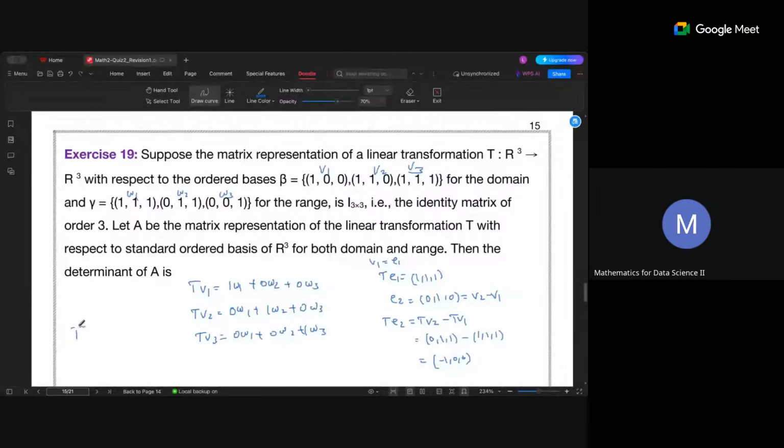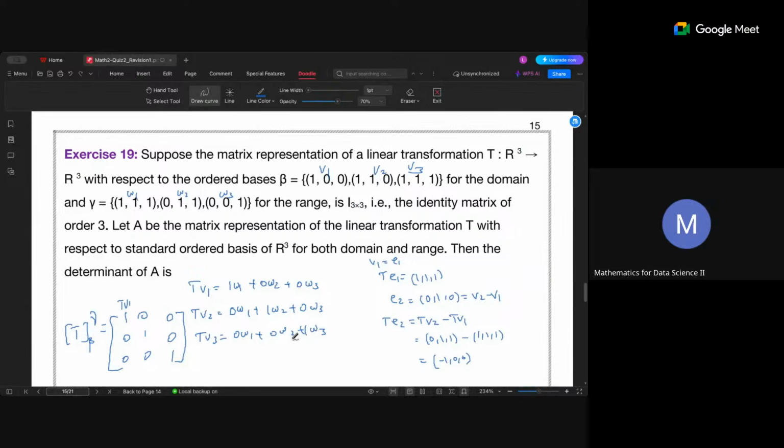So T beta gamma is 1 0 0, 0 1 0, 0 0 1. So you are expressing TV1 in terms of W1, W2, W3. If the transformation matrix is the identity, it should not change the identity of the basis. You get the identity transformation only with respect to these bases. That's why I have written it in this way.